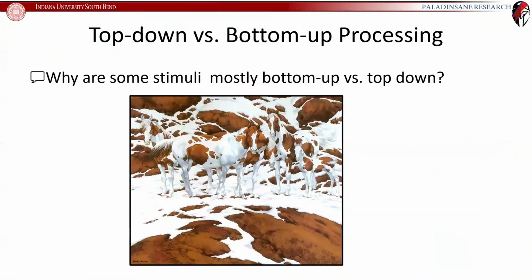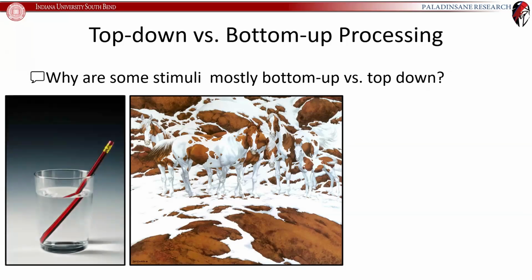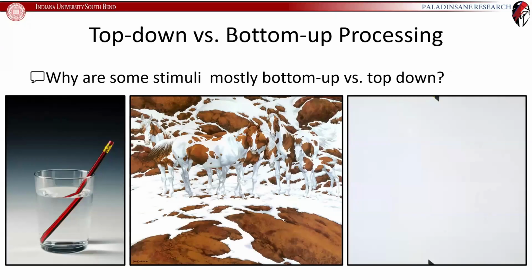Then we ended with top down versus bottom up processing, which used to be a huge debate in terms of whether perception was top down or bottom up. As we saw, it's a combination of both, and it really depends on whether you have sufficient information to arrive at a perceptual conclusion.